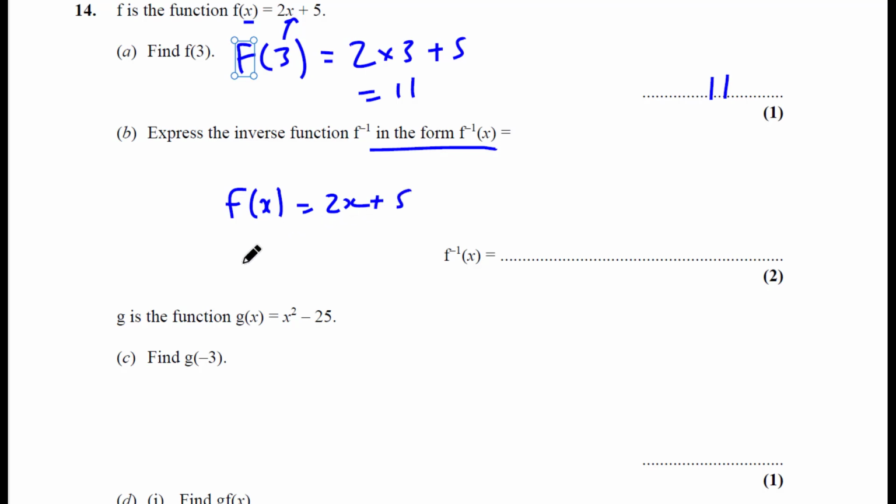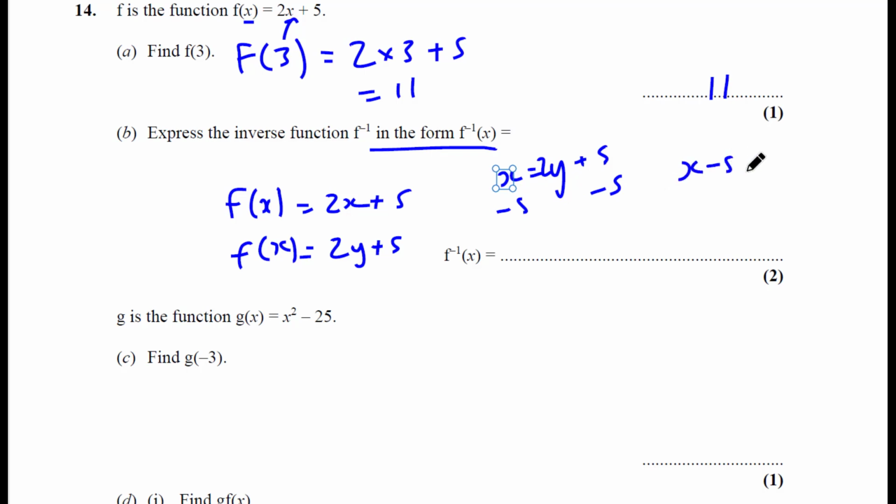So if it's the inverse, essentially we just get x equals 2y plus 5, and we rearrange that to make y the subject, so we minus 5 on both sides, so x minus 5 equals 2y, and divide by 2, divide by 2, so that becomes x minus 5 divided by 2. That's the inverse function.